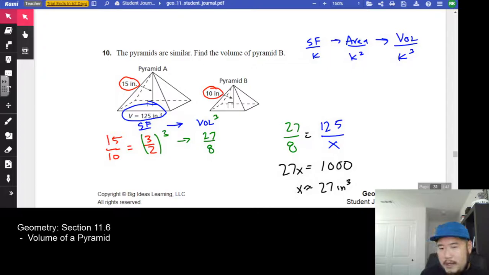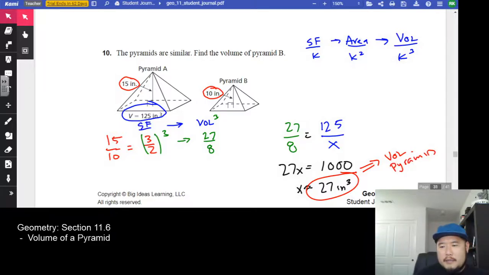So this answer is actually the volume of pyramid B.